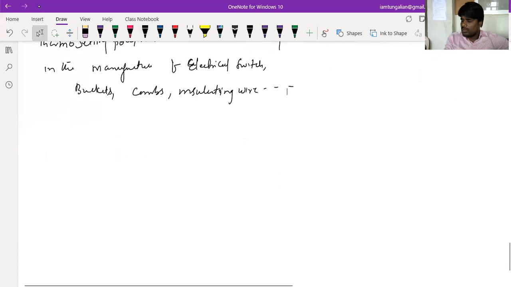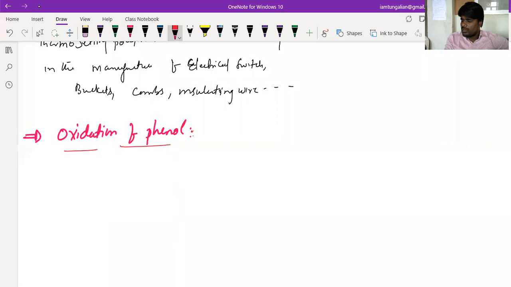The other reaction we'll see is the oxidation of phenol. Phenol will be oxidized.